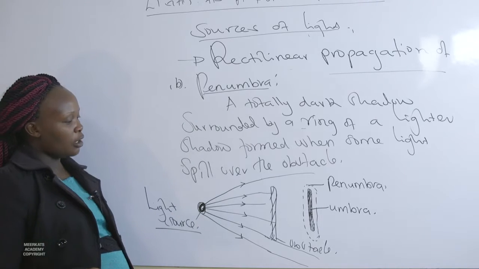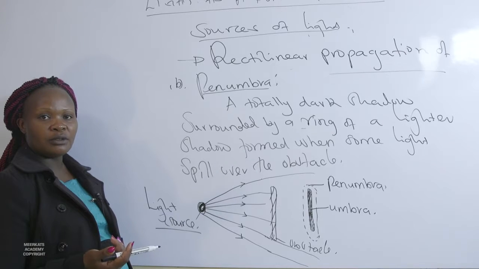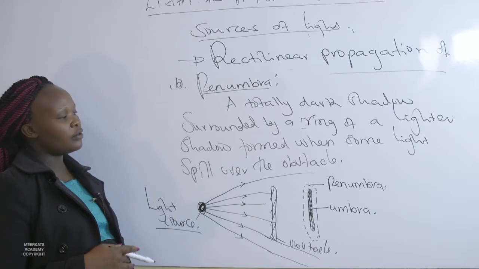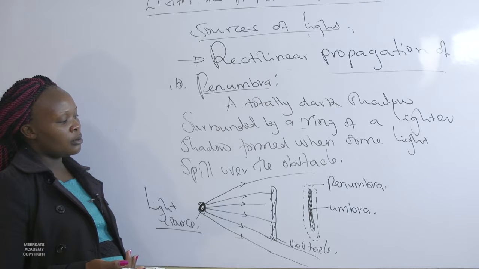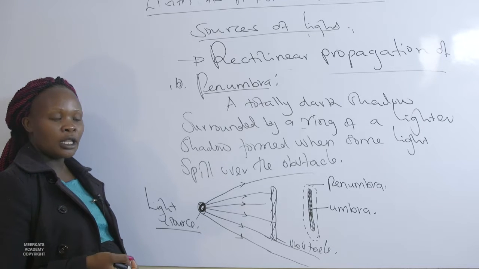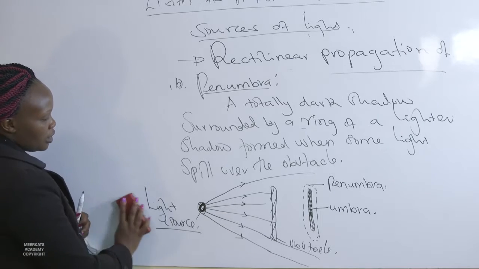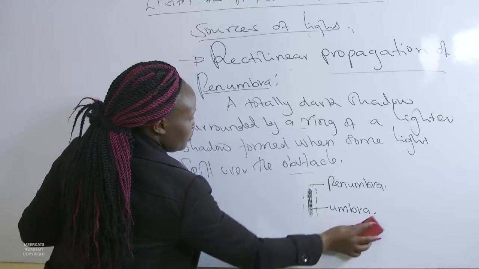Now, depending on the type of source of light that you have, you could have a point source, you could have an extended source. Now, that informs the kind of beam that you form.